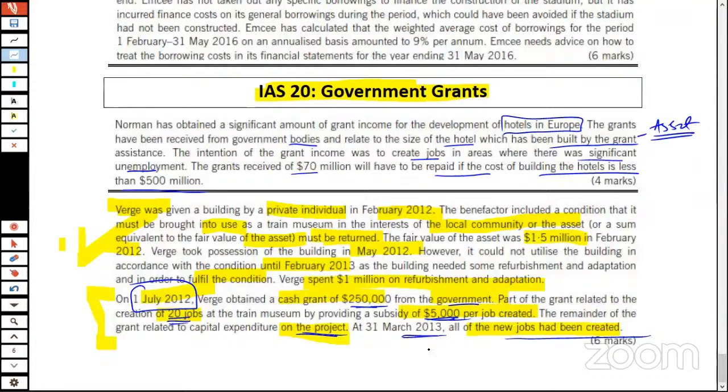What else? Is there any condition? Is there a life mentioned for this asset? None for the asset related. There is no life mentioned for the asset, right?